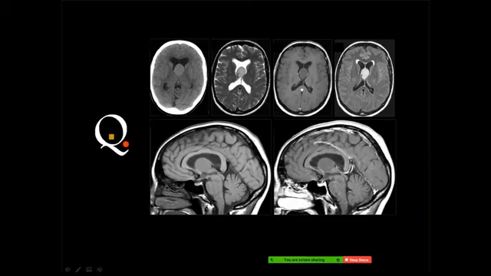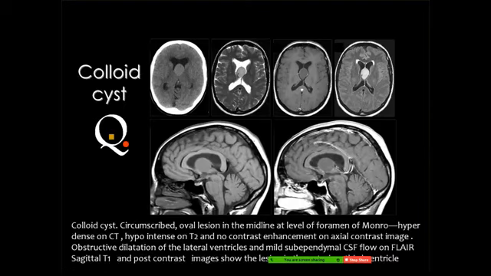Then the second case, colloid cyst. Yes, and this is the typical appearance of a colloid cyst, which is considered an intraventricular lesion.